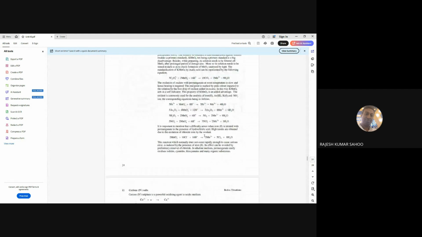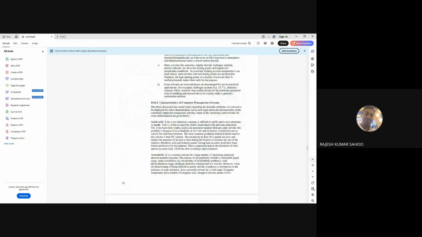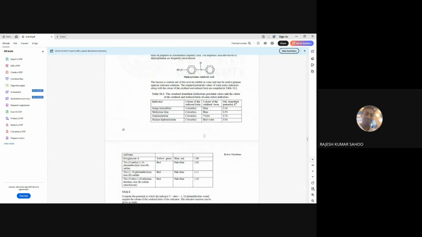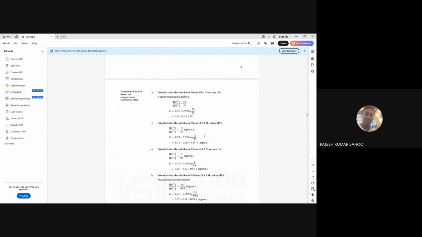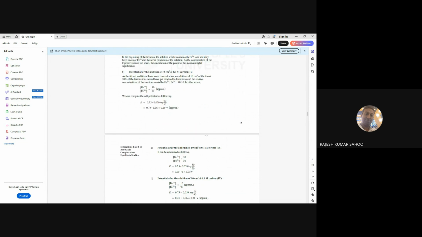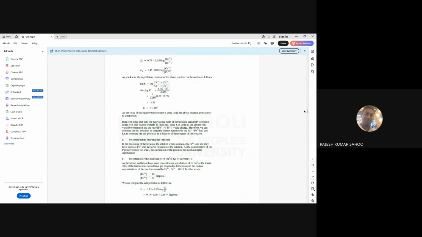These are the equations you can see. This one, redox titrations, E cell. E cell equal to E1 and E2 to calculate. Then you take the difference E2 minus E1 and you get the value of it.